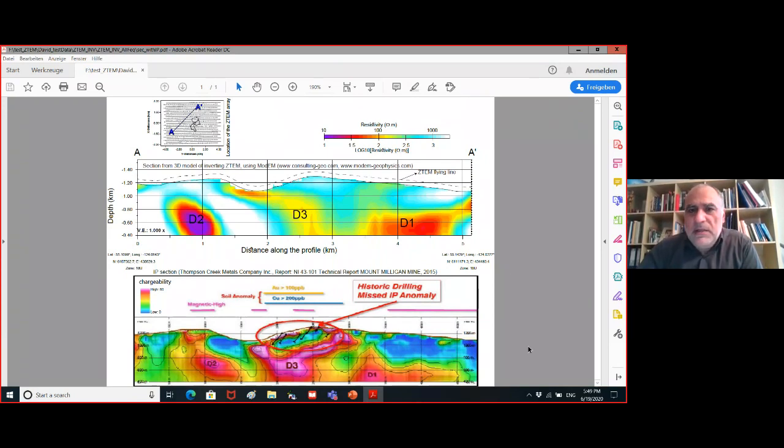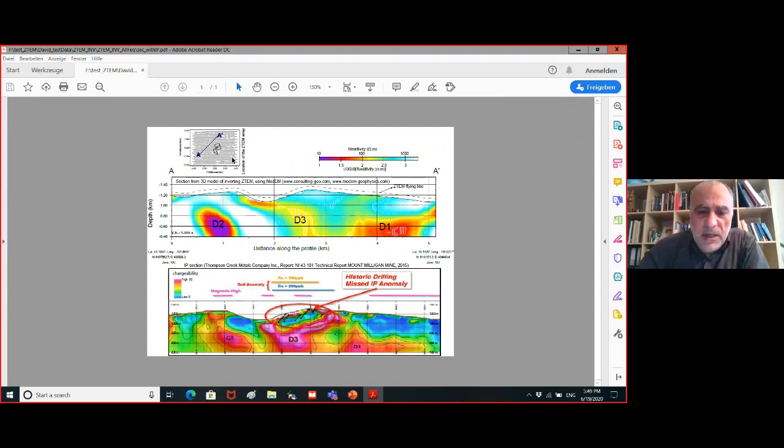And to justify our model, we compare it with an IP section existing in the same location. The point we are trying to make here is the correlation between chargeability observed in the IP with this kind of conductive anomaly that we have here. For example, D2 is comparable in both IP and chargeability.